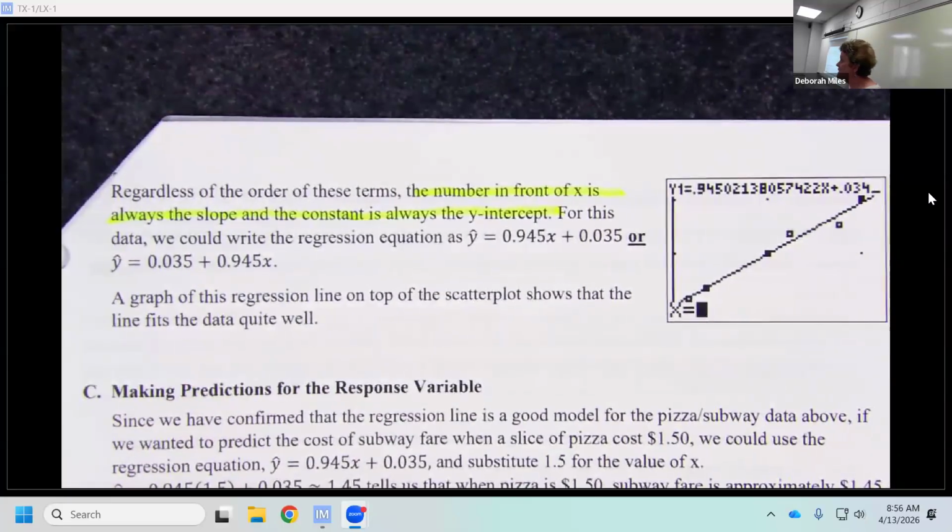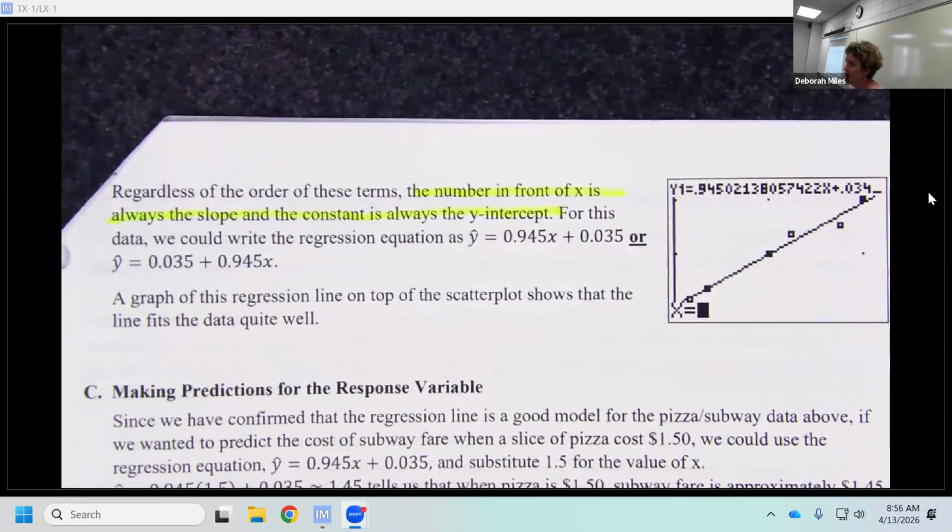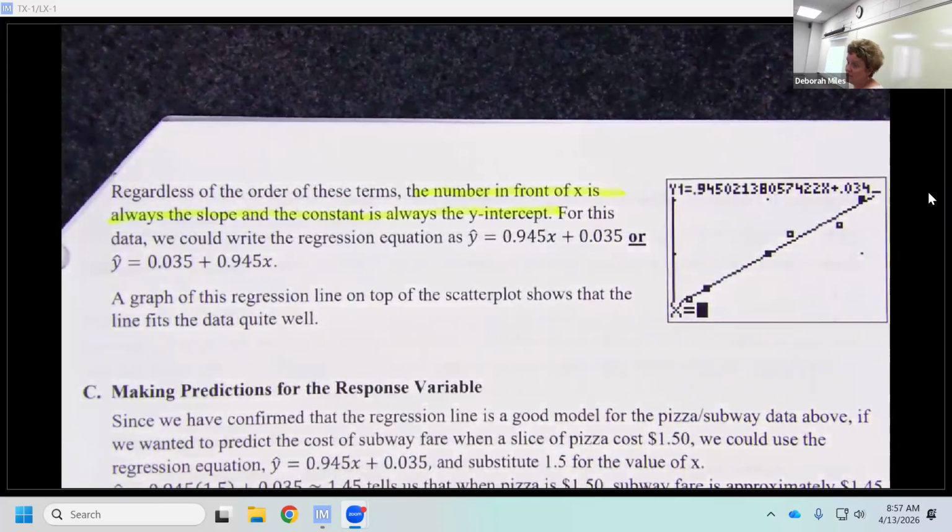That's why it's called the best fit line, or the equation's called the best fit equation. All of this since 7.1 has been leading up to us being able to make predictions. That's what we use the equation of a line for in algebra, and it's what we use the equation of the regression line for in statistics.